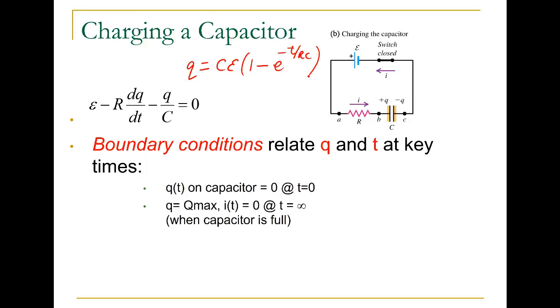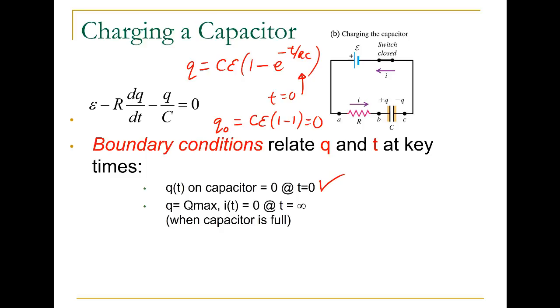And remember that we said that the starting charge on the capacitor is 0. And if you plug in 0 into this equation here, you're going to get Q naught is equal to CE times 1 minus 1. So the starting charge on the capacitor is 0. So that equation checks out.